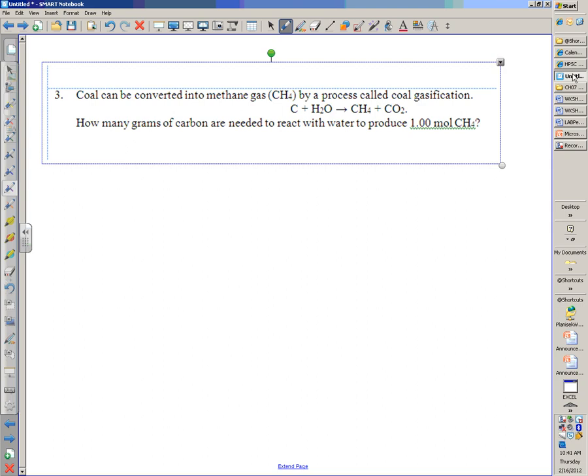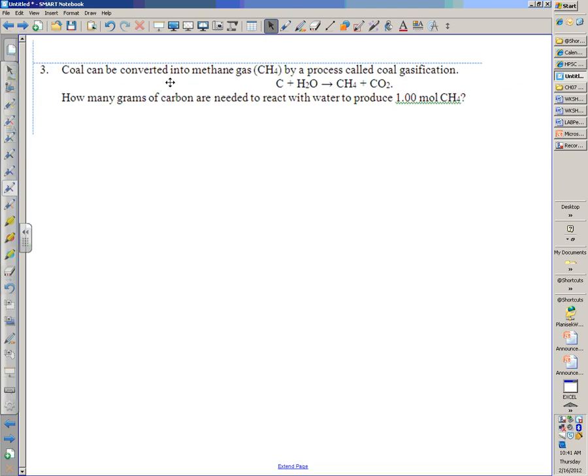That's original. It says coal can be converted into methane gas by a process called coal gasification. And it gives you the equation. It says how many grams of carbon are needed to react with water to produce 1 mole of methane.